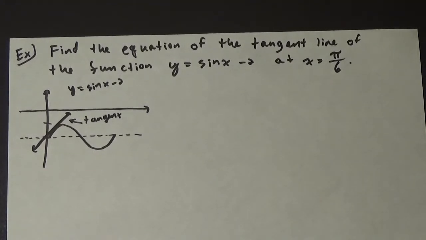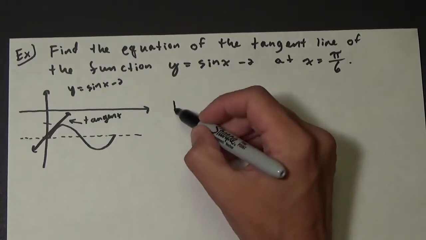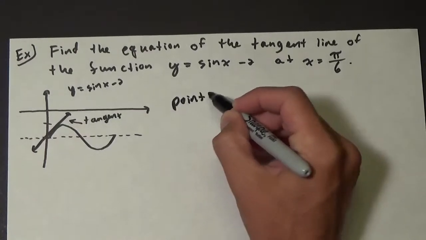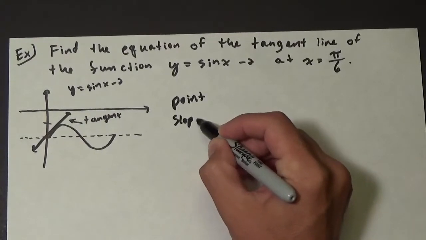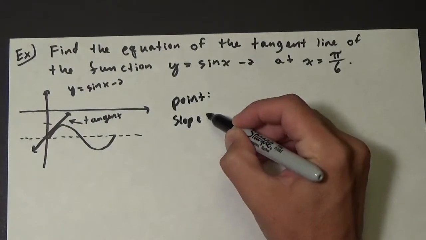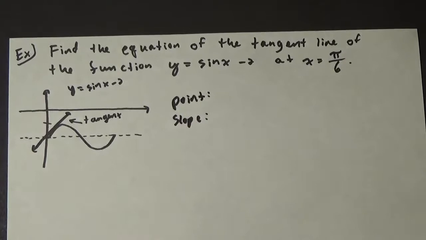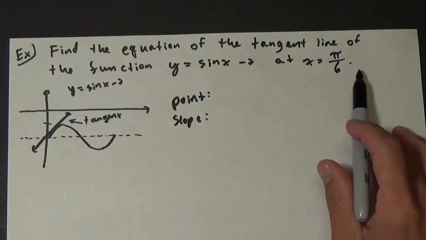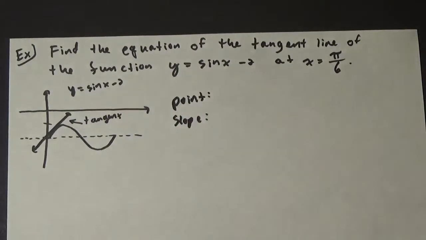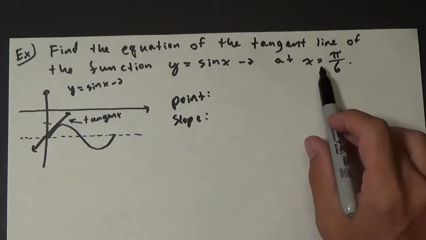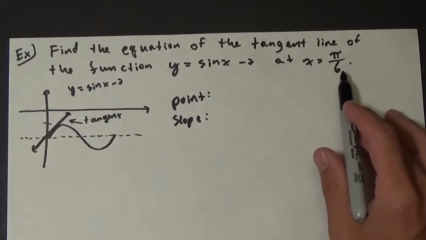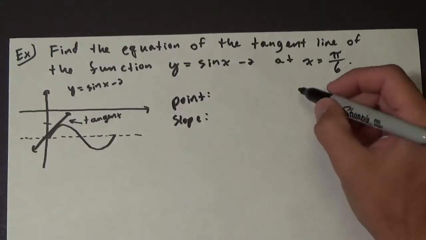Now, if you remember, we need two things before we can write the equation of a line. We need a point, and we need a slope. At this moment, we don't have either of them, but we have this information. We have the equation and where the x value is. And when you're given the x value, to get the point, we just substitute in that x value.